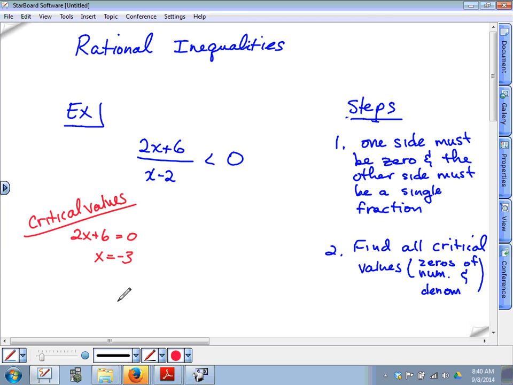Really easy to find. That's from the numerator. 2x + 6 equals 0, therefore x has to equal negative 3. We also have to find a critical value from the denominator, x - 2. When does x - 2 equal 0? When x equals 2. Okay?